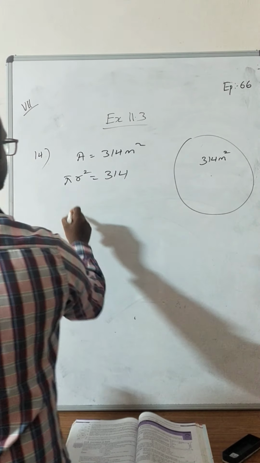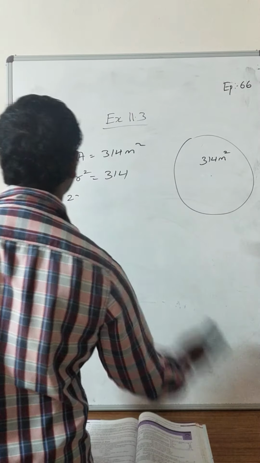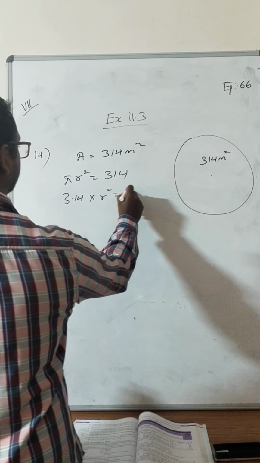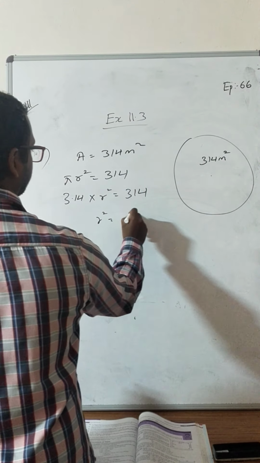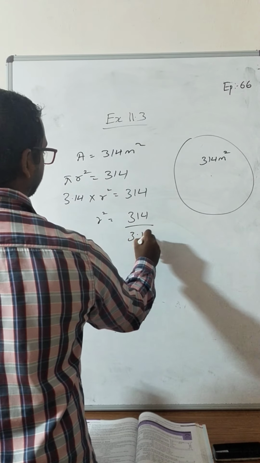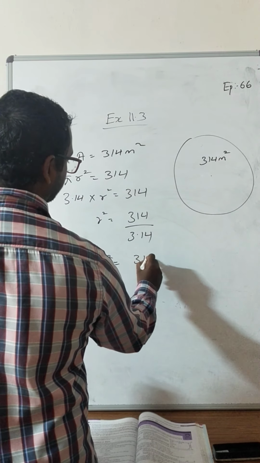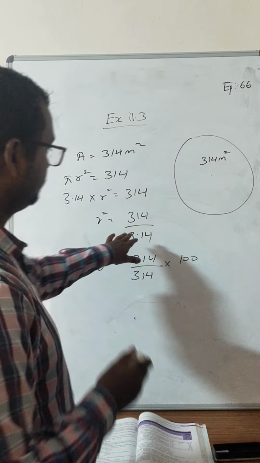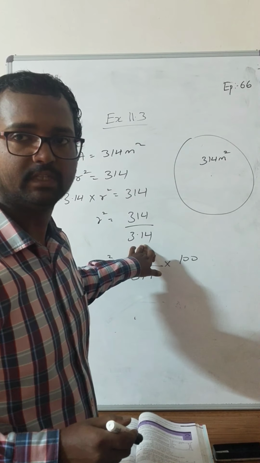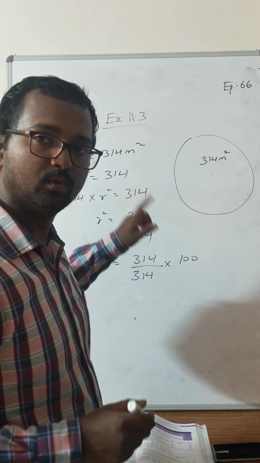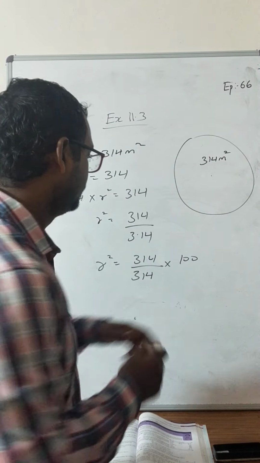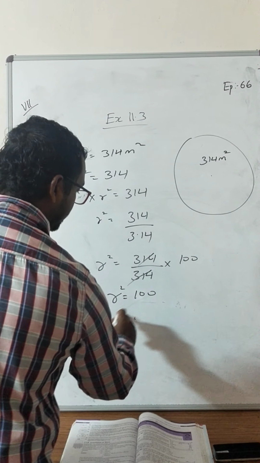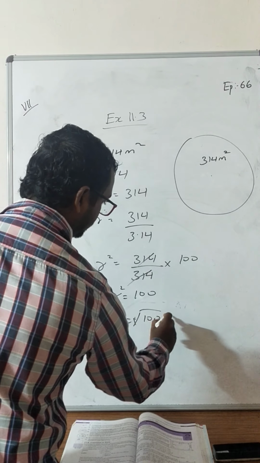So here we'll get pi r square equals 3.14 r square. 3.14 can be written as 314 divided by 100, and the 100 will go to the numerator. 314 will cancel. We will get r square is equal to 100. R is equal to root of 100. Root of 100 is 10.